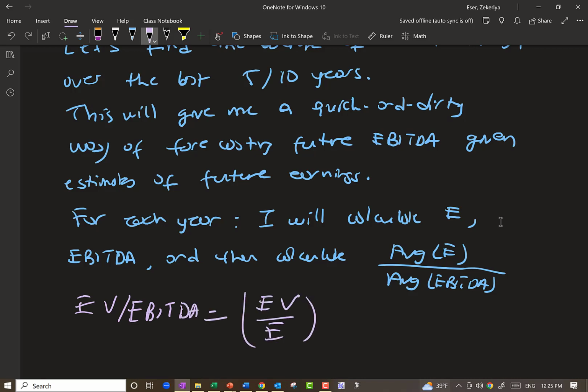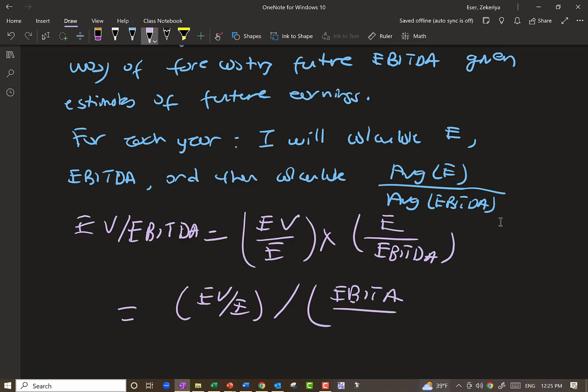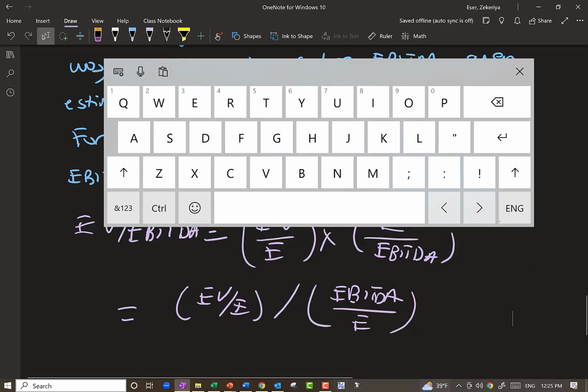EV over E times E over EBITDA, right? Or EV over E divided by EBITDA over E. So once you have a predicted ratio for EBITDA over earnings, all you have to do is divide it by that.